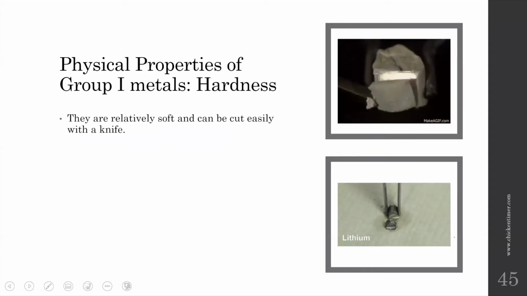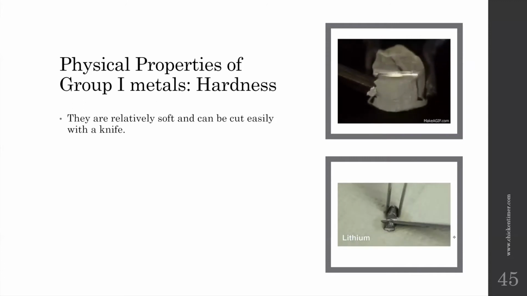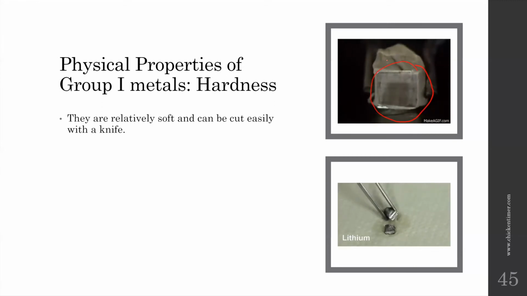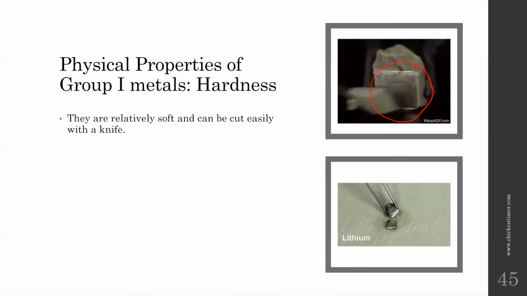Then they are very soft and they can be cut with a knife. The one on top is sodium, the one below is lithium. You notice the cut surface. Once you cut it, it's very shiny. Then after that, it immediately changes color.